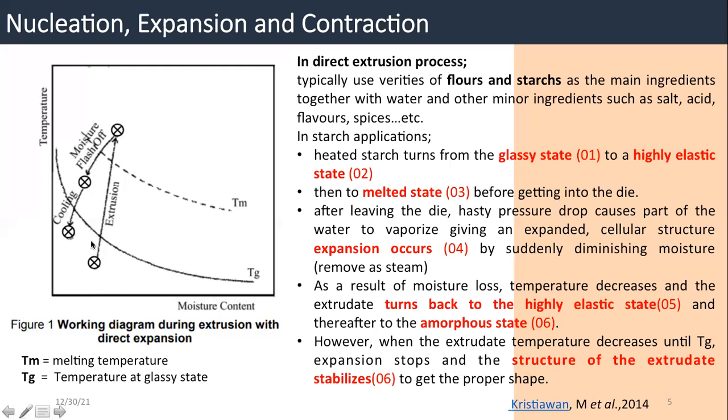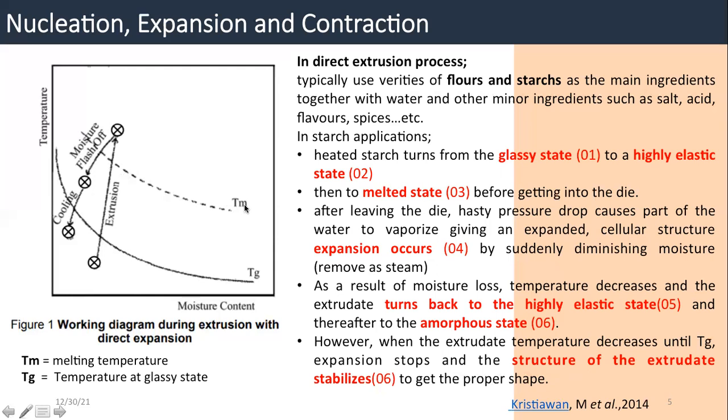You have this experience when we heat some starch or flour, the texture will change from glassy state to elastic state. If it is elastic state, you can imagine the texture. It's somewhat elastic. The product has some elastic properties. You know what the meaning of elastic is. The texture will change. Then to the melted state, Tm.